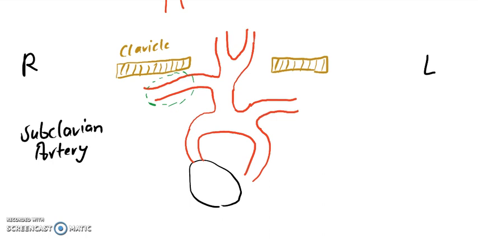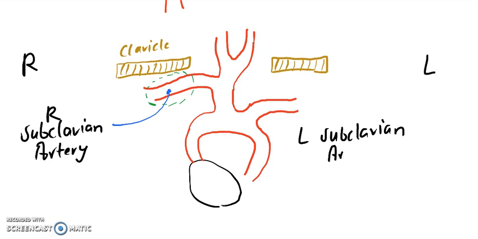So the full name for this structure would be the right subclavian artery, and that's this vessel right here. And very similarly, this is called the left subclavian artery because it's below the clavicle. Left subclavian artery. And that would be this branch right here.